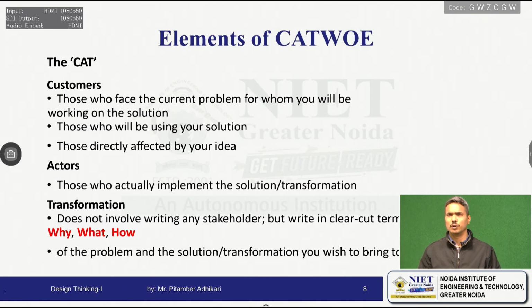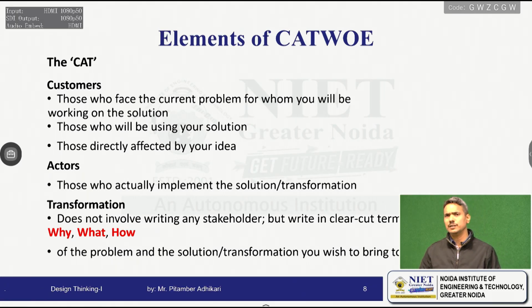For example, if we are working on a project, there are different people with different roles, like developers, designers, testers. All of those will come under the category of actors who are actually implementing that solution. So that is the second category of stakeholder, actors.